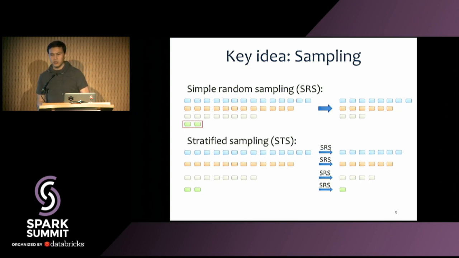However, both simple random sampling and stratified sampling have to know the population size beforehand. And this may not be the case for stream analytics, because we don't know the population size beforehand, since stream data is unbounded and arrives continuously.